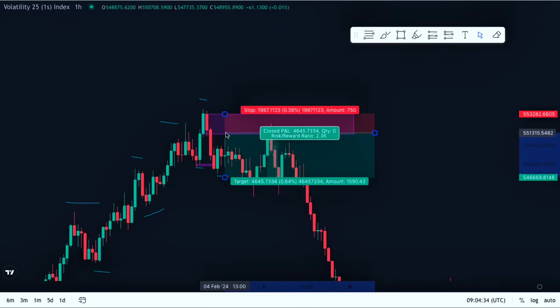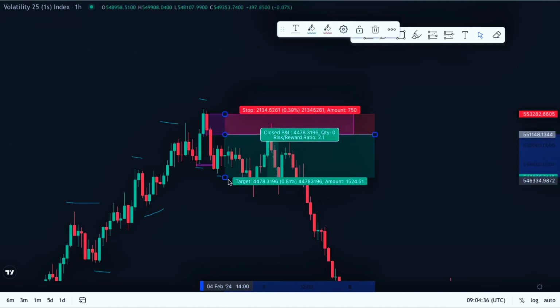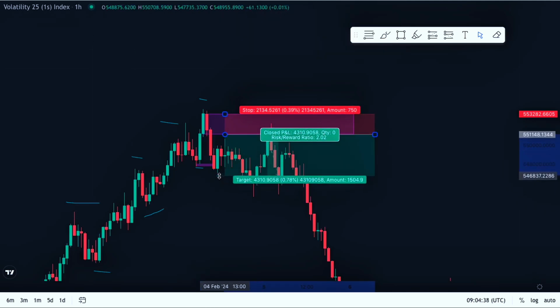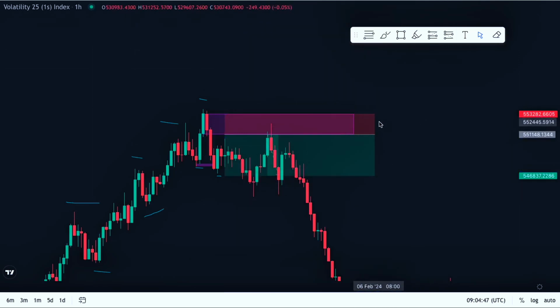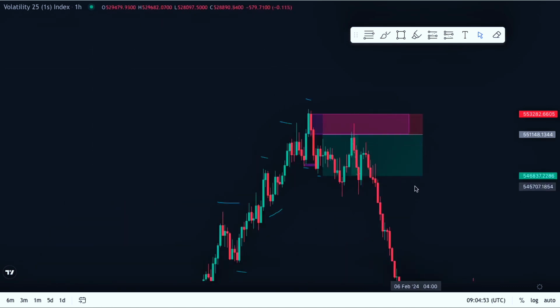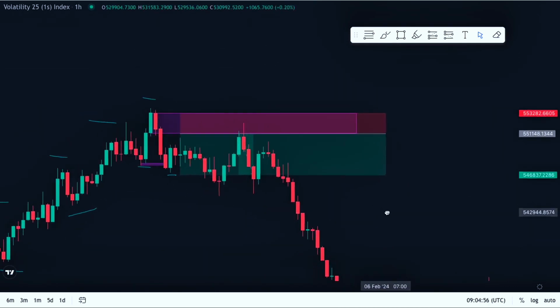And target this low right here, this one. You'd see that it would be a 1:2 risk reward ratio, which means if we risk $10, our targeted profit is $20. It's just a 1:2 risk to reward ratio.